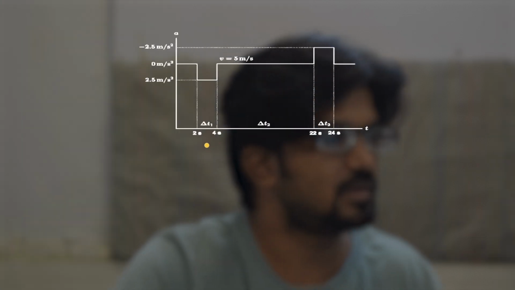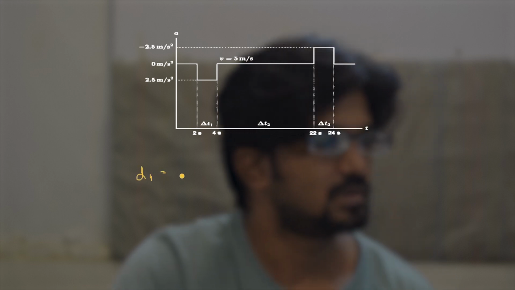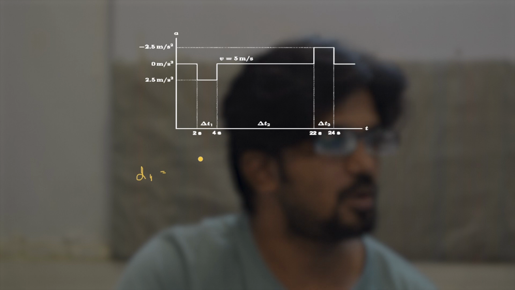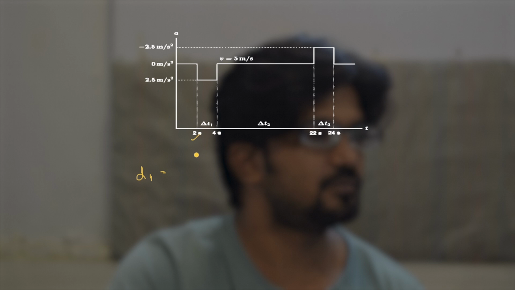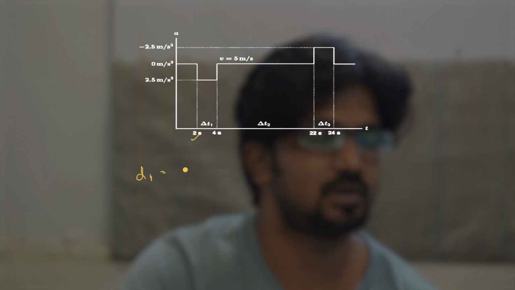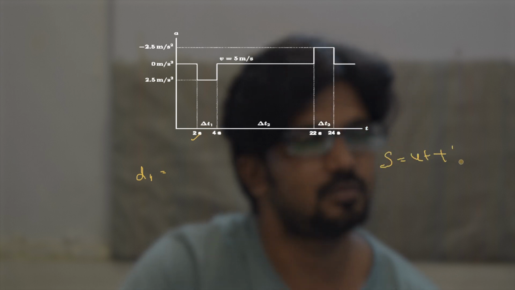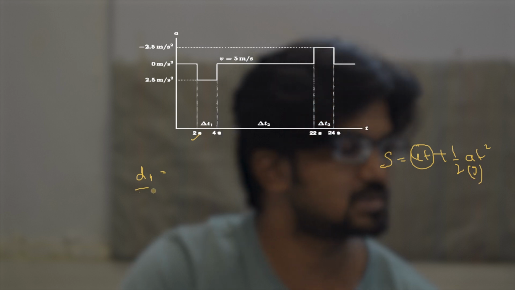So now we can find the distance d1. We want to find it for t1 equal to 2 seconds, with the help of the equation s equals ut plus half at squared. With initial velocity being 0 and acceleration being 2.5, we can calculate the d1 distance for t from 0 to 2 seconds, which is the delta t1 part.